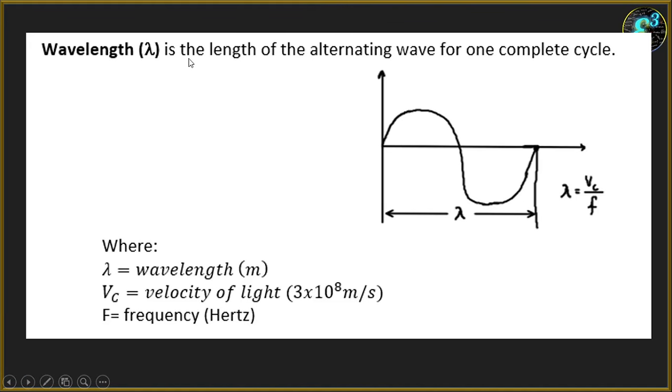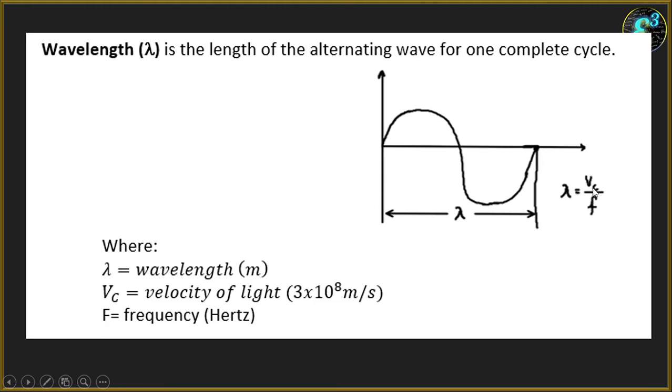Then the wavelength is the length of the alternating wave for one complete cycle. So, if you are going to stretch this one, ito ating whole cycle, into a straight line, the length of that one is what we call the wavelength. So the wavelength is to be solved using this formula.